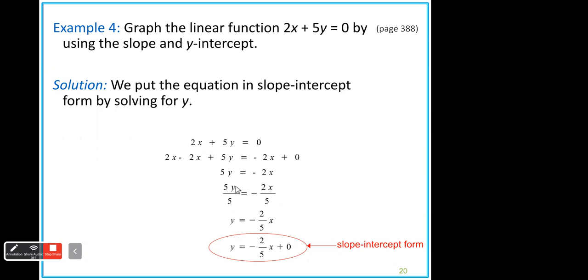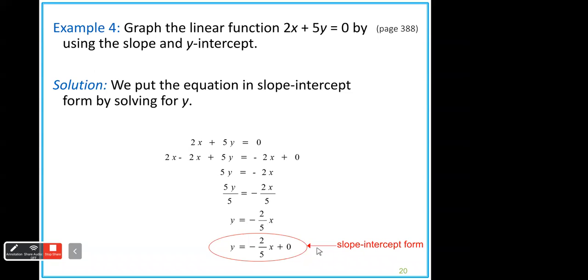So y then is equal to negative 2 over 5 x.